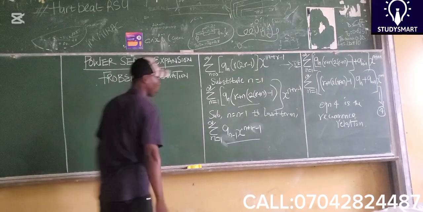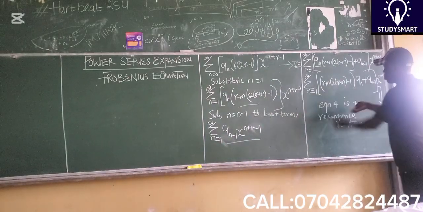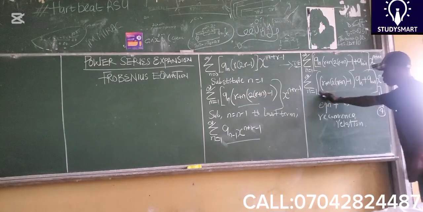Alright, so from that recurrence relation, I don't need much of the things inside. What I need is just the thing inside the bracket. So I'm going to pull the whole of this thing out, then work with it.